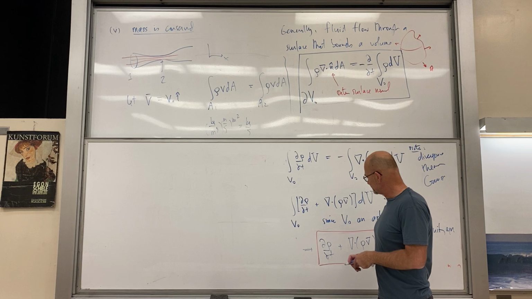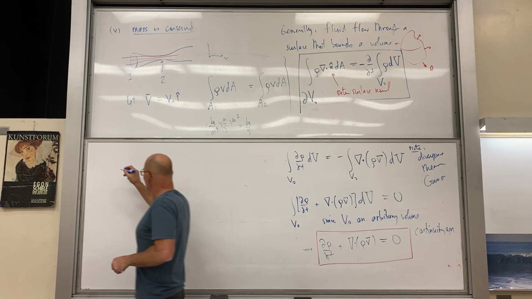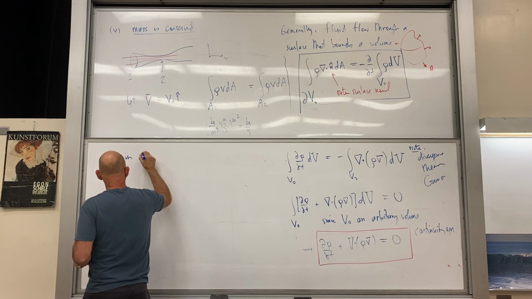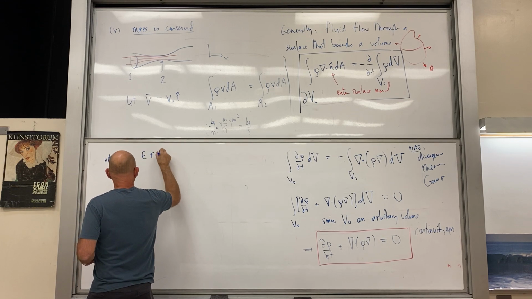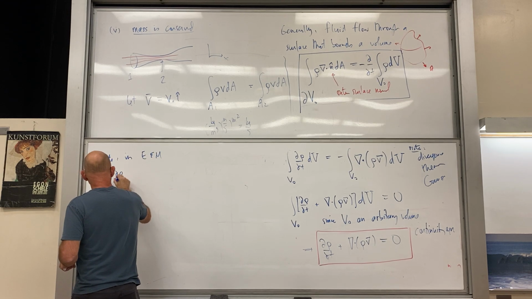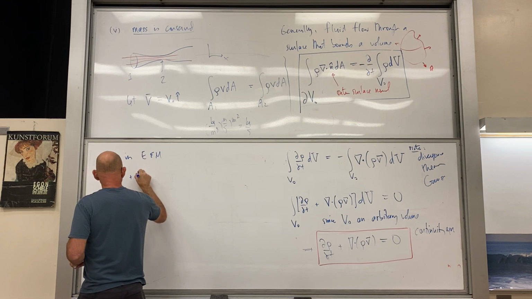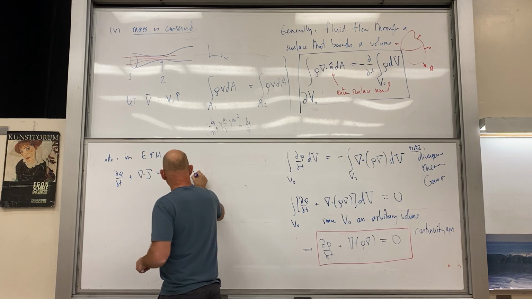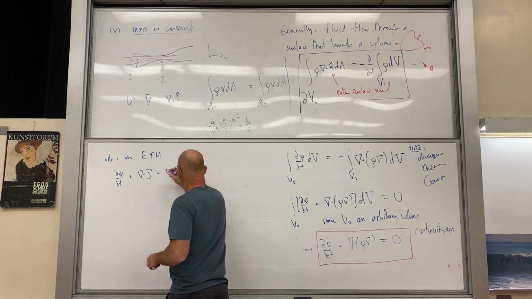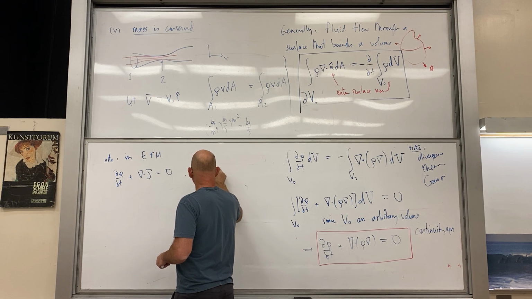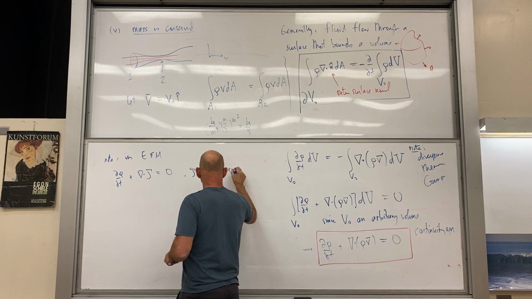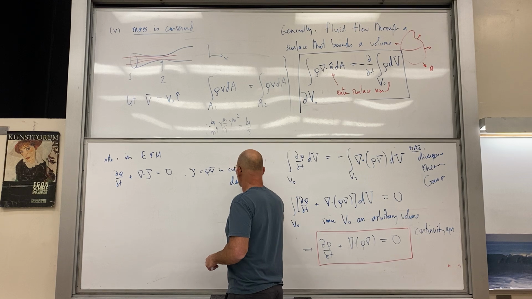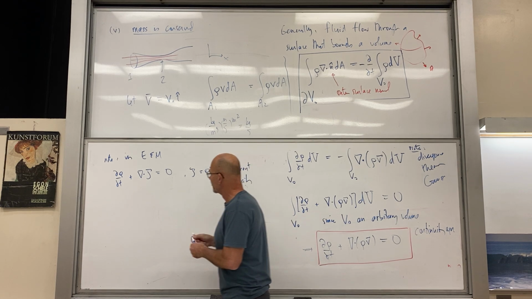Current density. So yeah, let's just put that as a note. In E and M, d rho dt plus divergence of J equals 0, but J equals rho V is the current density. Okay, so you've seen that before.